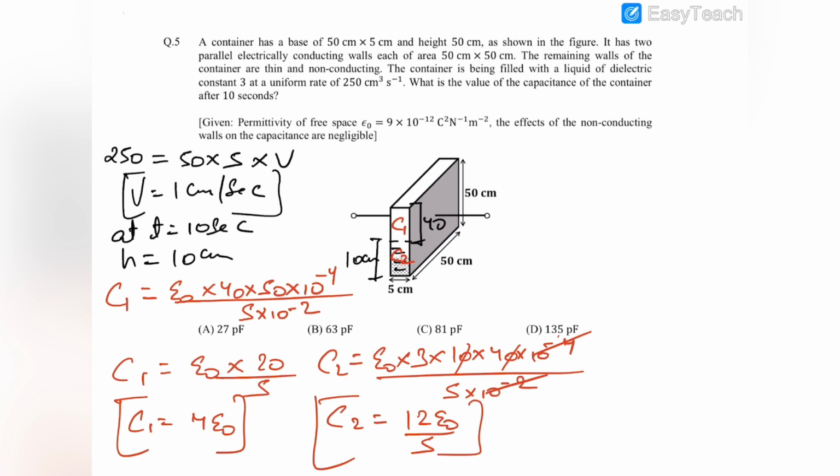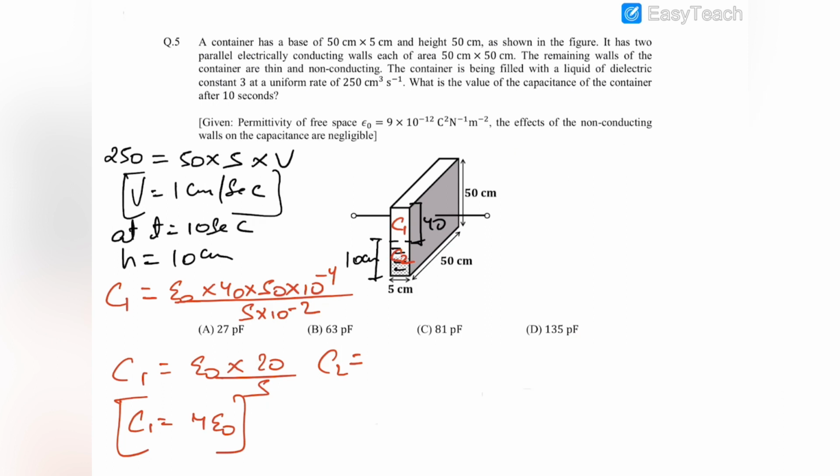Now these two capacitances are in parallel, so C equivalent would be C1 plus C2. C2 would be equal to epsilon naught into 3 into area would be 10 into 50 into 10 raised to power minus 4 divided by 5 into 10 raised to power minus 2.